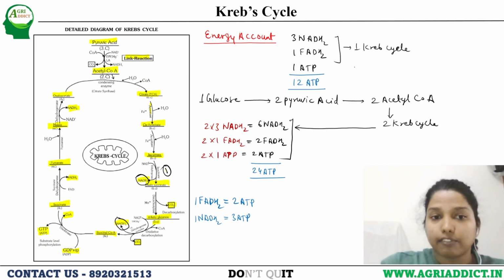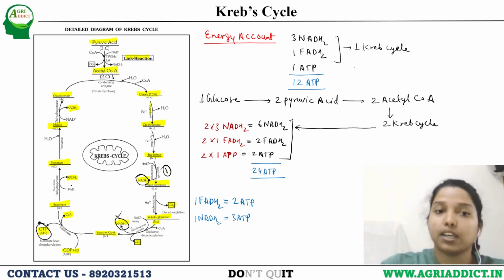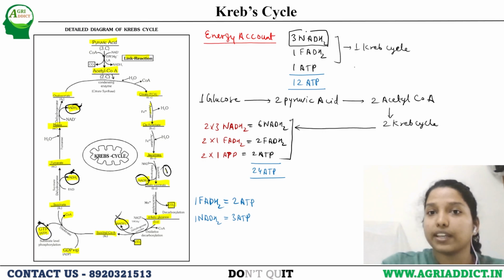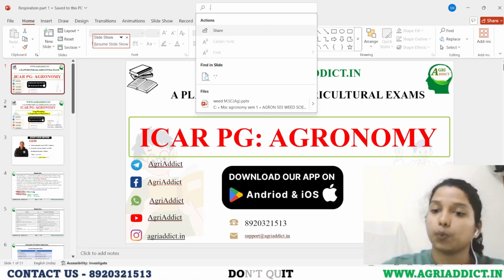Again here, one more NADH2 is formed. Here we get one GTP, which is equivalent to ATP. Then again we get FADH2 in the conversion of succinate to fumarate, and then NADH2 when malate is converted into oxaloacetate. So how many NADH2 did we form? 1, 2, 3. See here, 3 NADH2 we are getting.